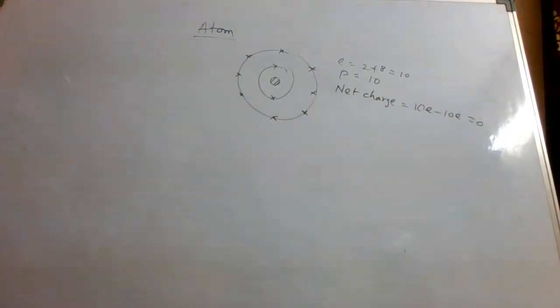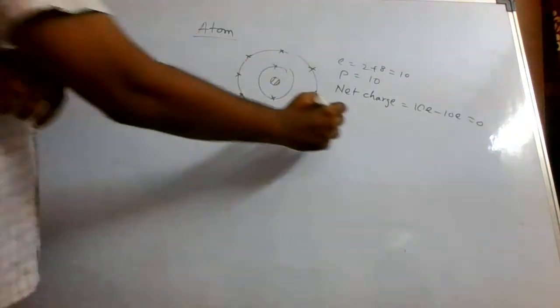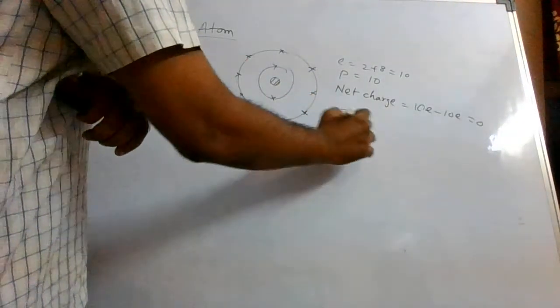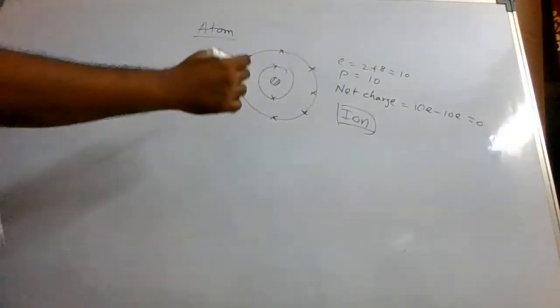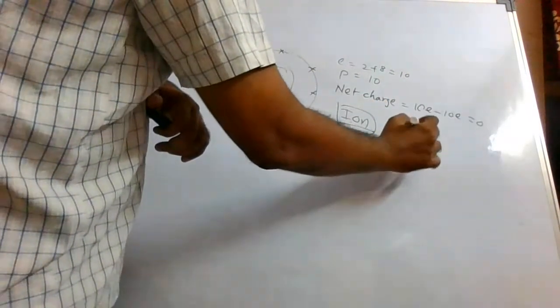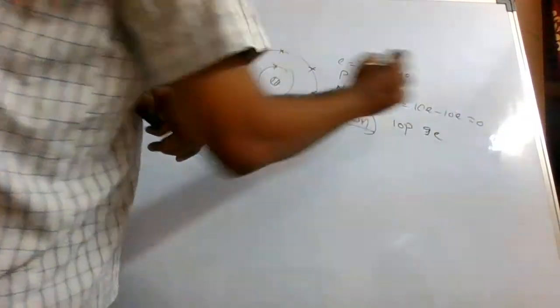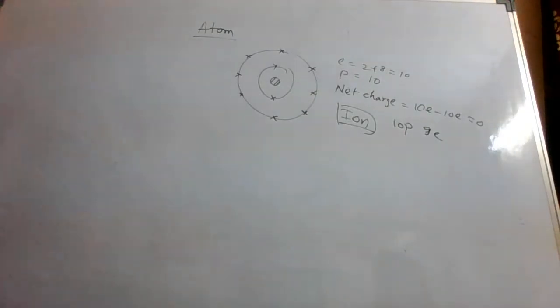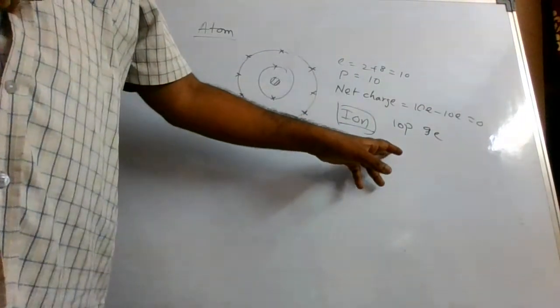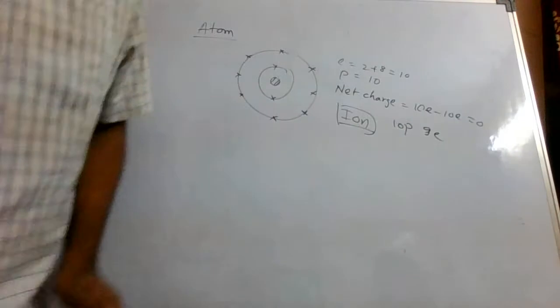Suppose this net charge is not equal to 0, then you call it an ion. You have a situation where you have 10 protons and 9 electrons. So is the net charge 0 here? It is not 0. So it is in an ionic state.